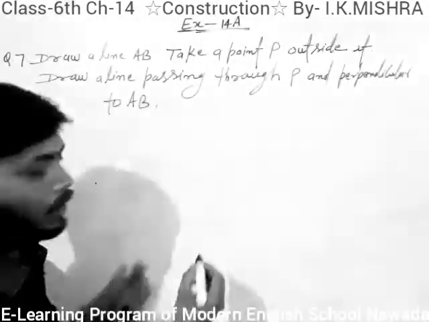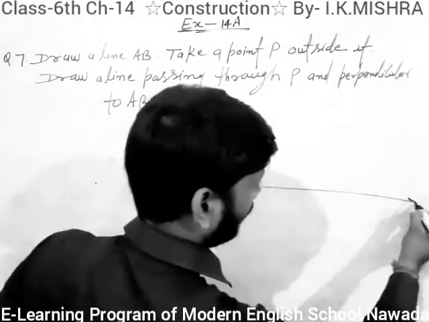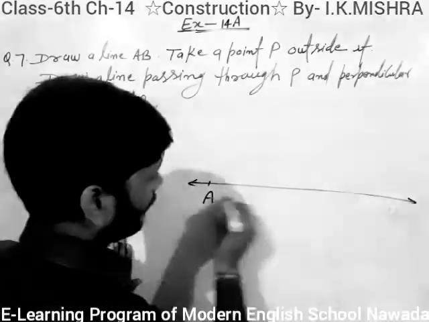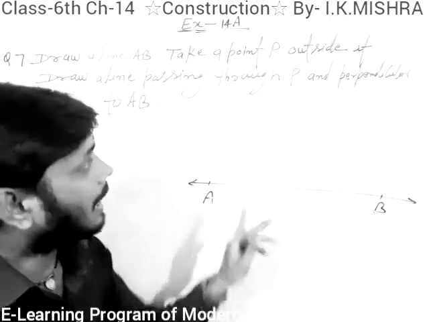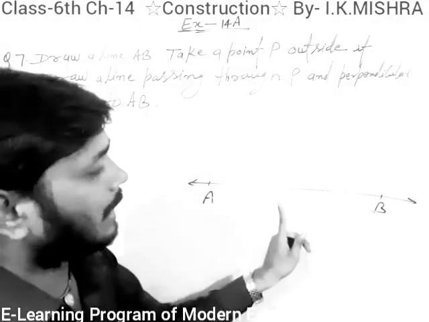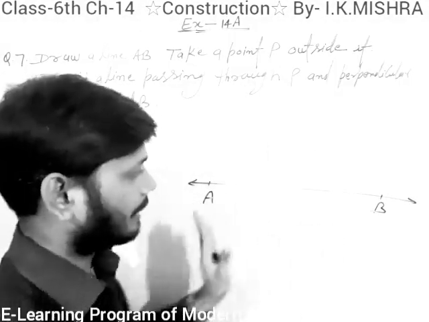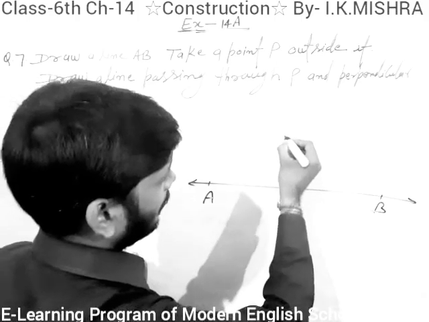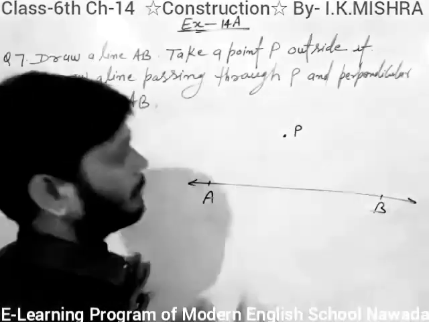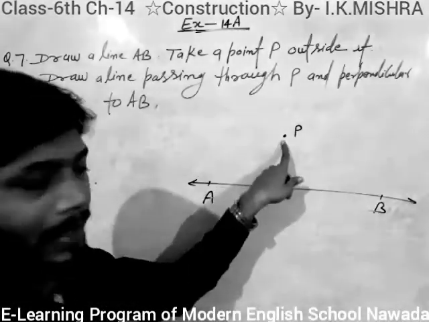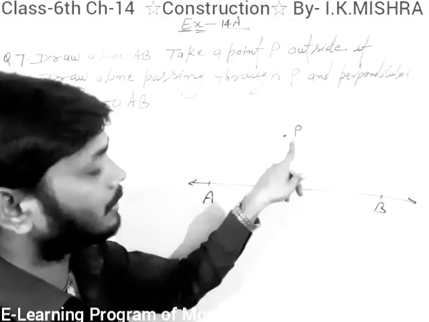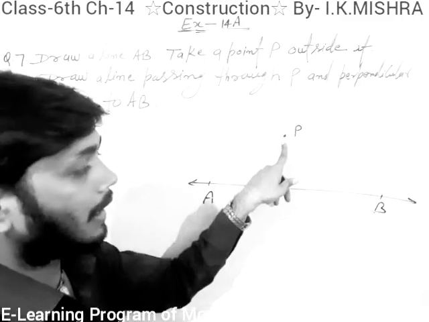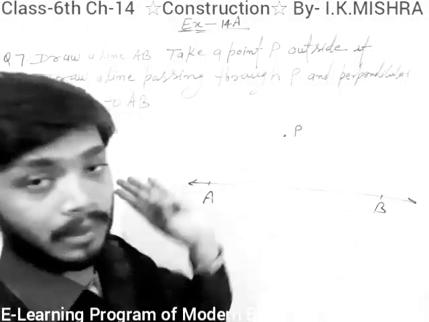That means using a ruler, draw a line AB, here A and here B. AB is a line and point P is outside the line, not lying on this line. Suppose a point P is here, and from this point we draw a line passing through it that is perpendicular to AB.